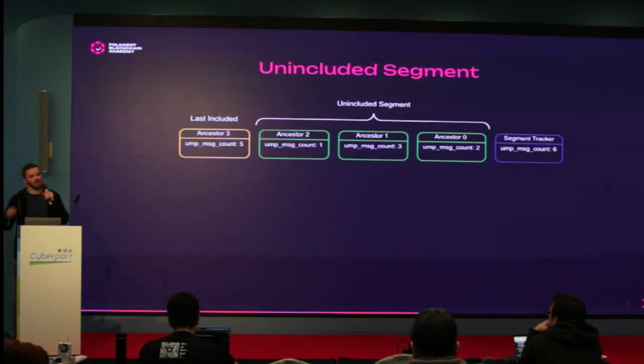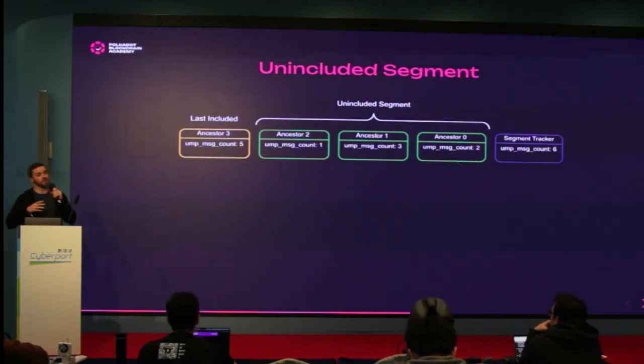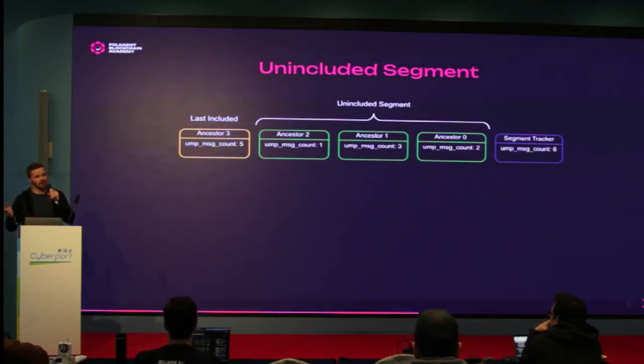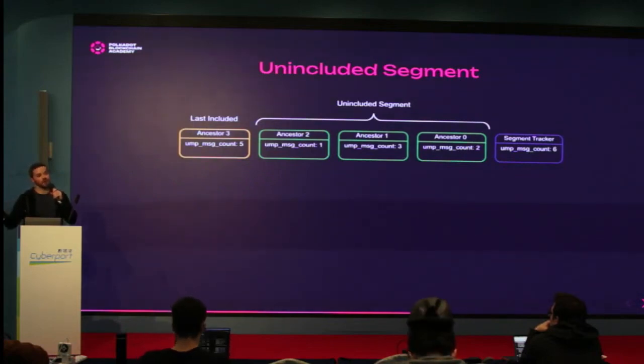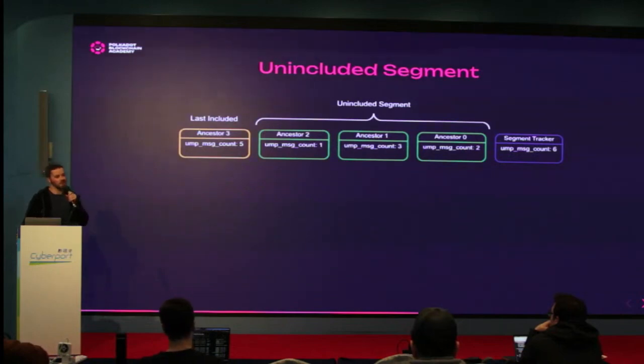If the relay chain stopped including candidates, then your block production would stop immediately. And now it's kind of loosely true. If your unincluded segment is not already full, then you maybe keep producing blocks until you fill it up. But then at some point, because we don't want to run way too far ahead of the relay chain, we stop. So it's a feedback mechanism that would halt a parachain, but it doesn't make anything worse.